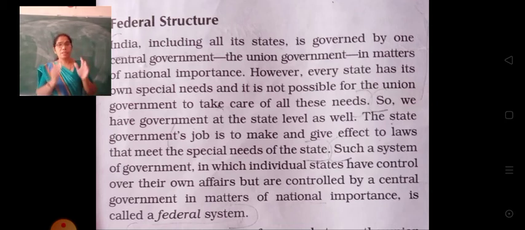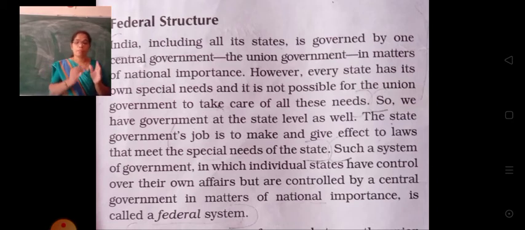There is a separation of powers between the union government and the state governments.